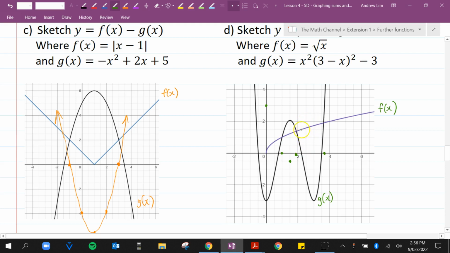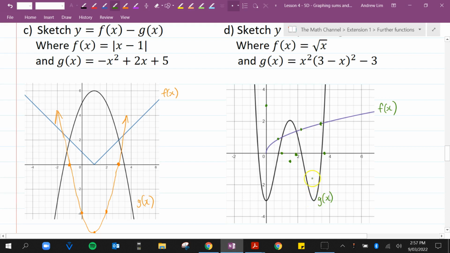Purple minus black. This minus 0 is this. We can do the same thing over here. This minus 0 is that. And this minus 0 is going to be here. Okay. Let's have a look at this one. We've got about 1.75, and we're going to minus 3. So we're going to add 3 to that.